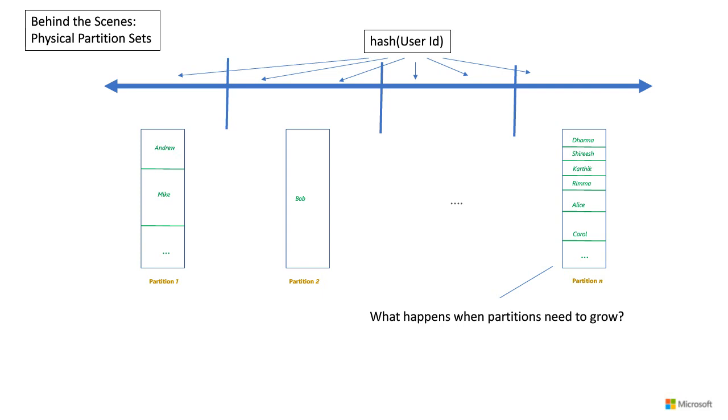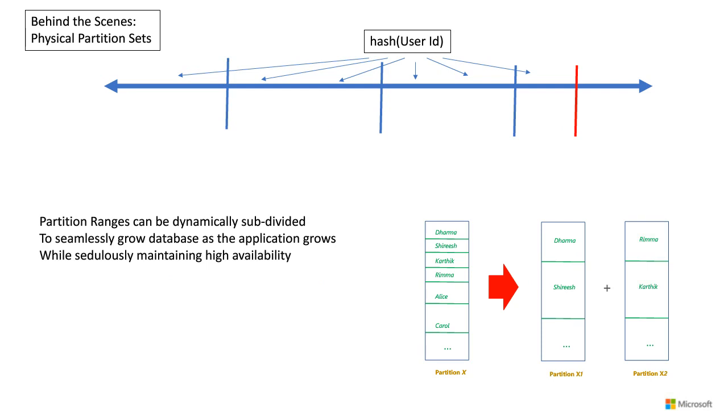Well, rather than backing that range of partition key values with 1 partition, we can simply back that with 2 partitions. So we can subdivide that range of partition key values into half and half, where half of those values will go to child number 1, half of those will go to child number 2. And now suddenly you have double the amount of storage as well as double the amount of throughput capacity.